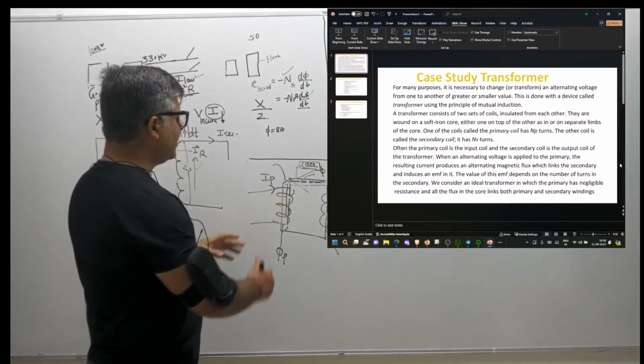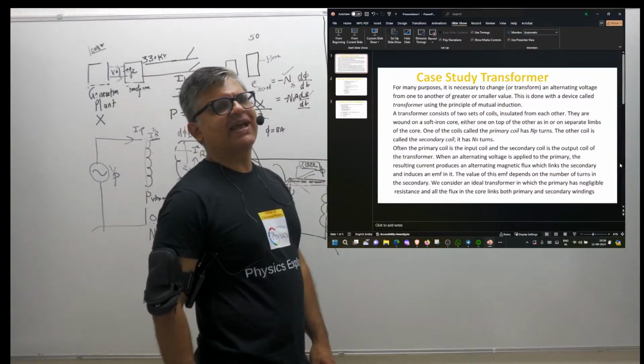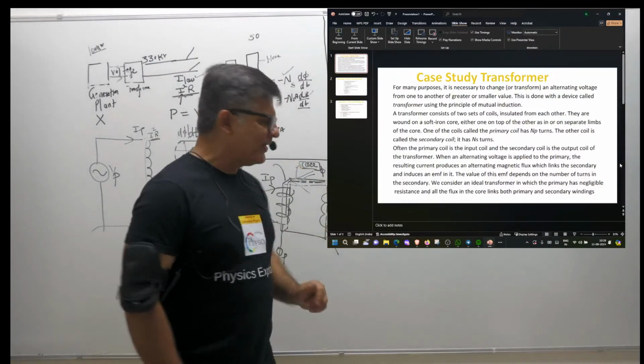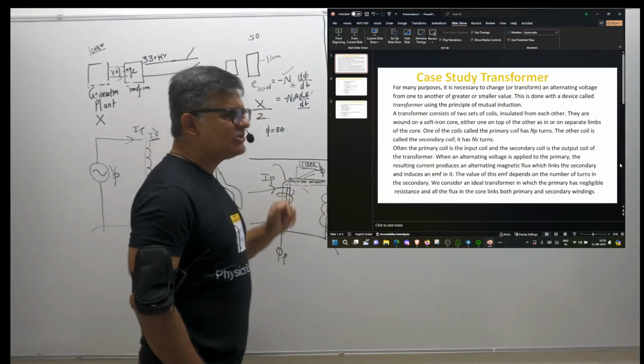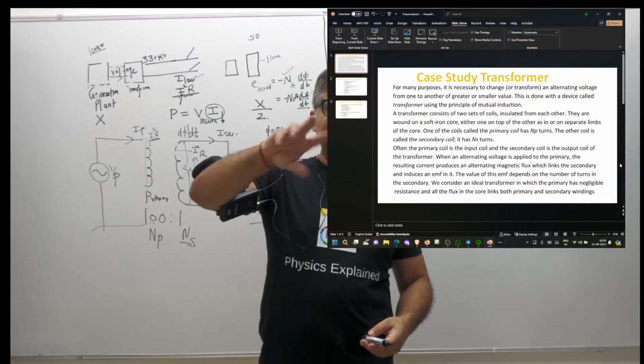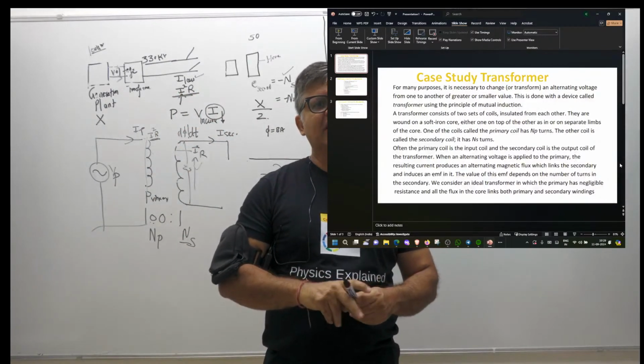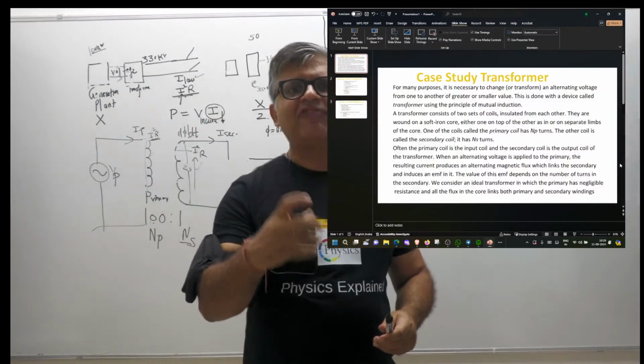The point is the flux which starts from the primary does not reach the secondary. Such a difference in the primary flux and the secondary flux results in loss of flux.